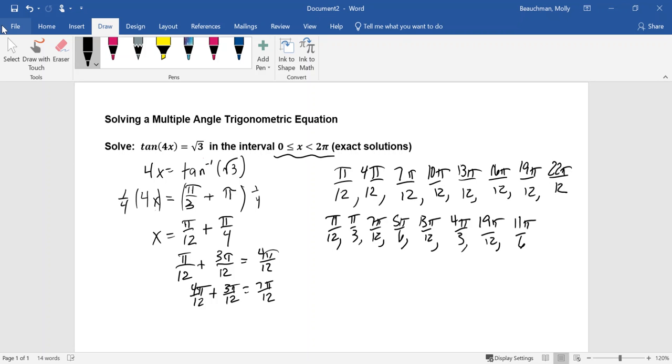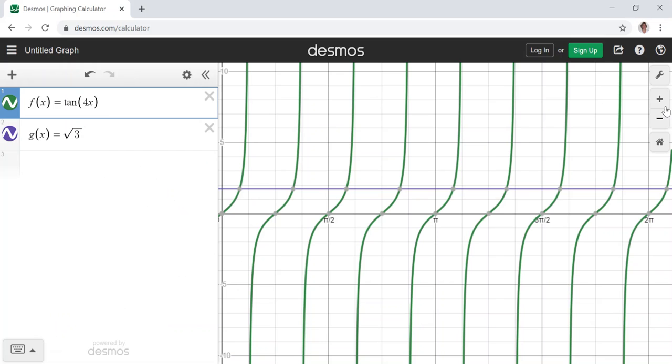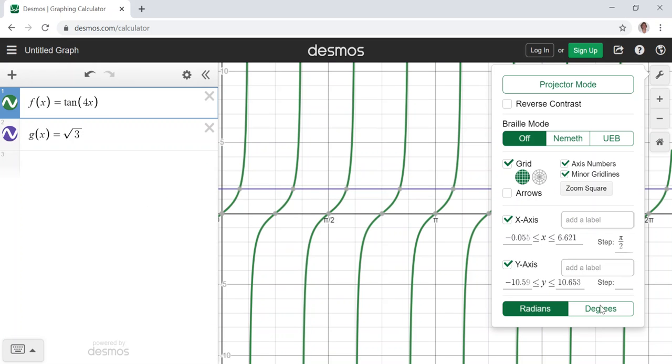So let's take a look at the graph again in Desmos and make sure that we've captured everything. I've set this using radians between 0 and 2 pi, but I made it just a little bit shorter so you could see it, and I used a step of pi over 2.